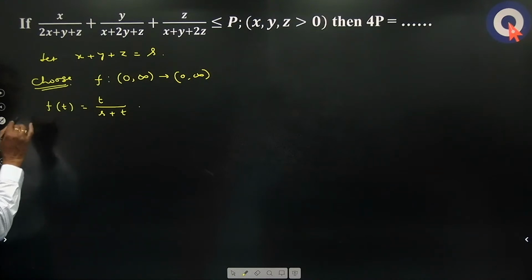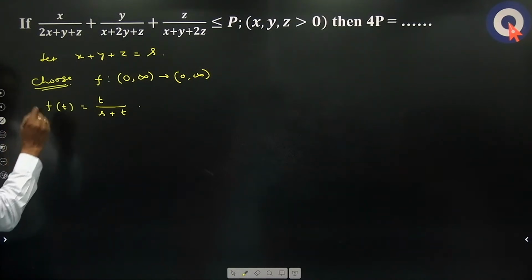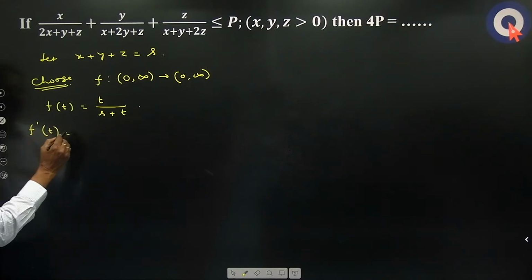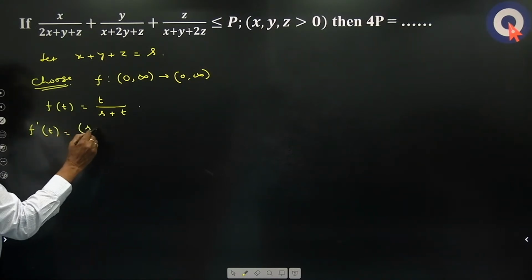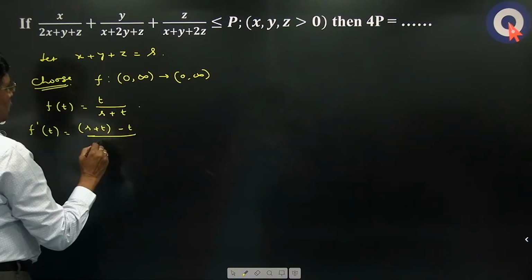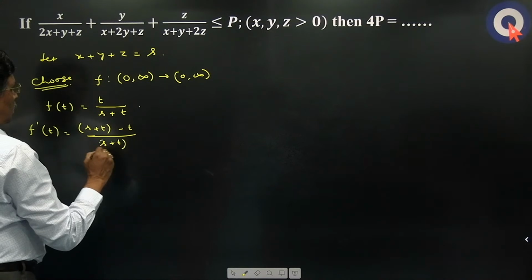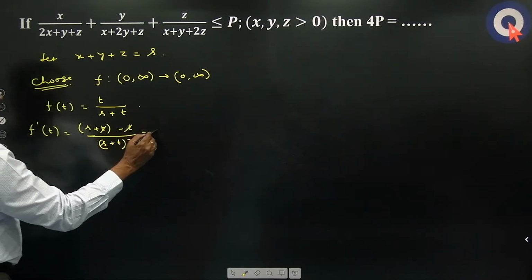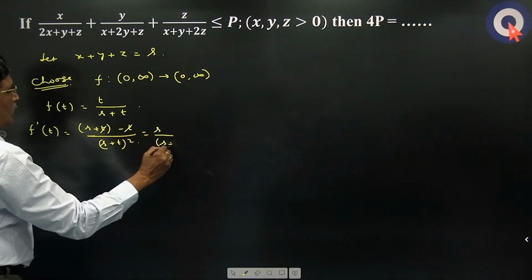Now this function is continuous and differentiable. F dash t is s by s plus t whole square.